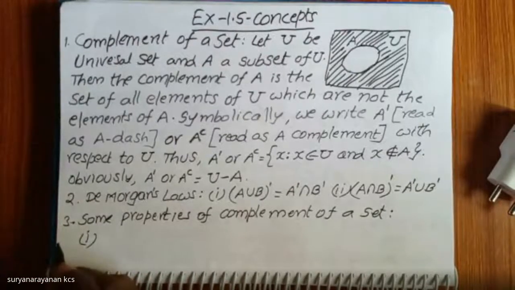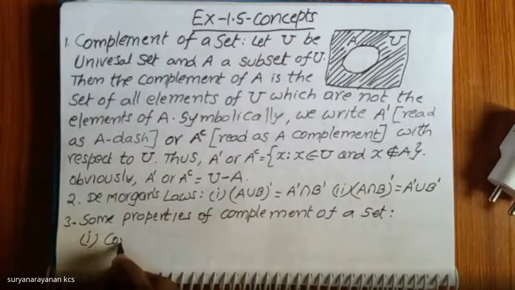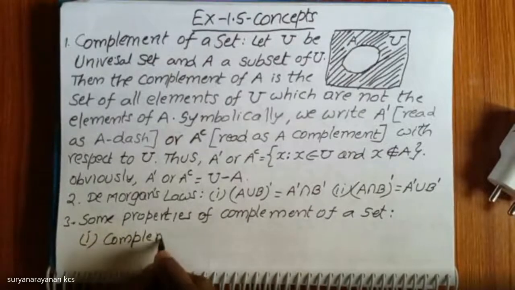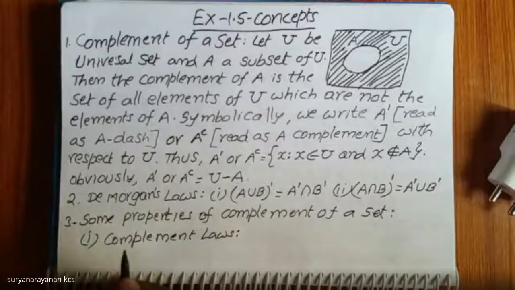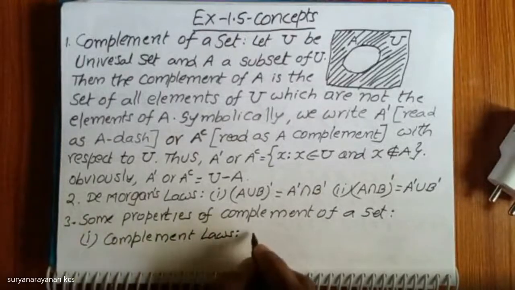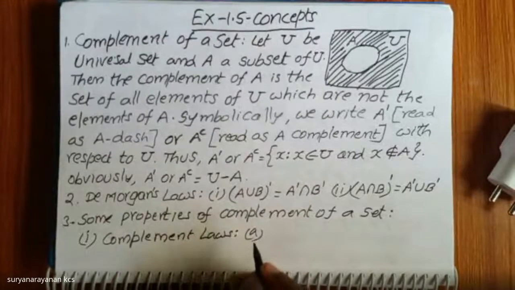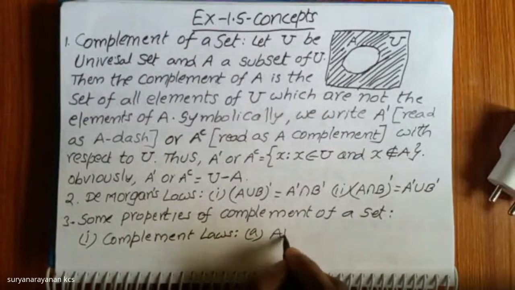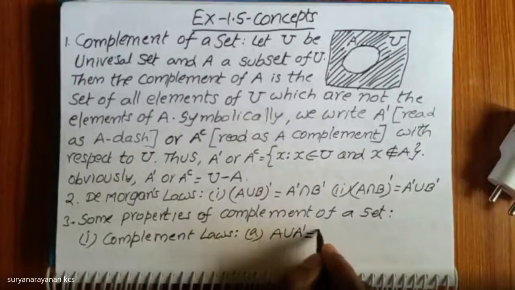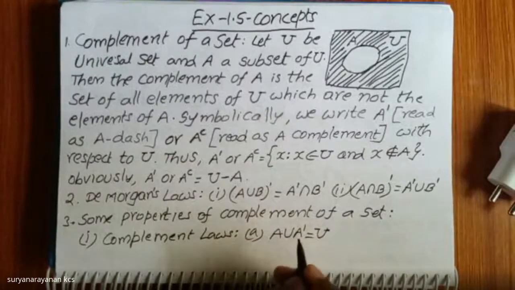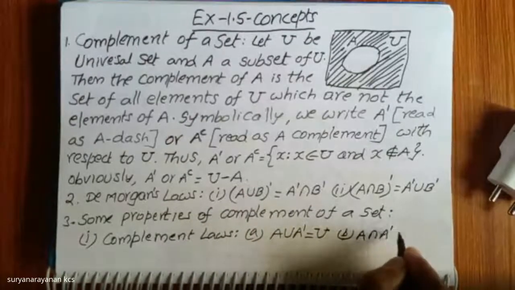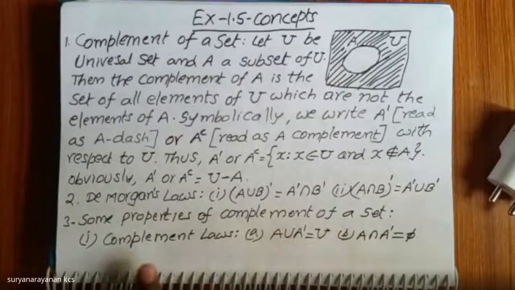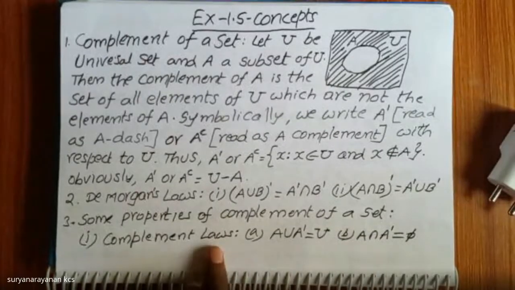The first property, that is complement laws. A union A complement is equal to universal set, and the second one, A intersection A complement is equal to phi. These two are said to be complement laws.